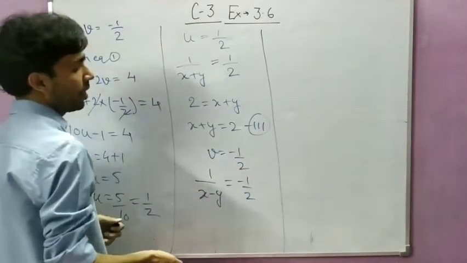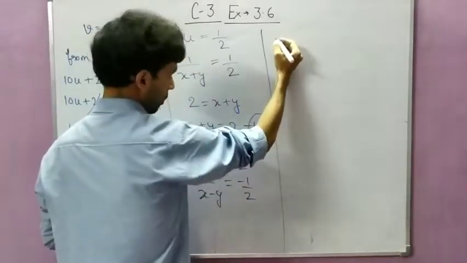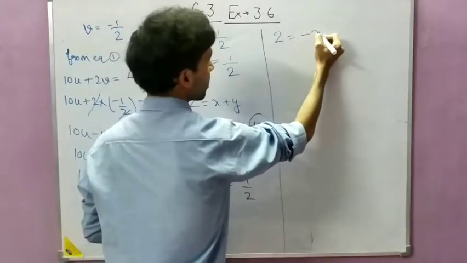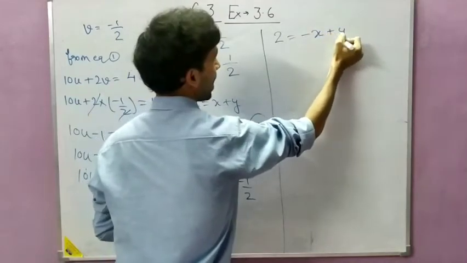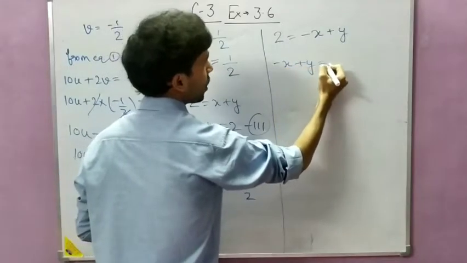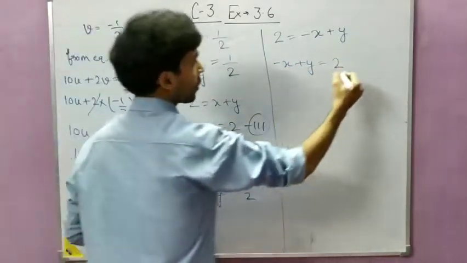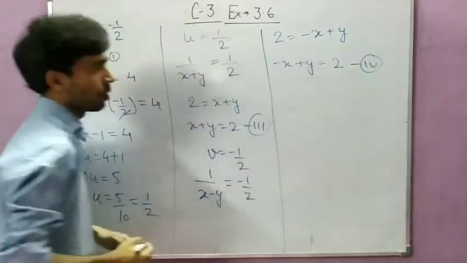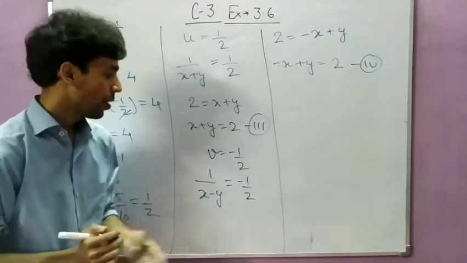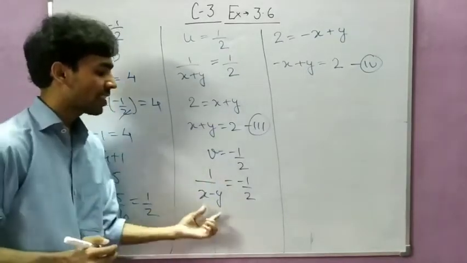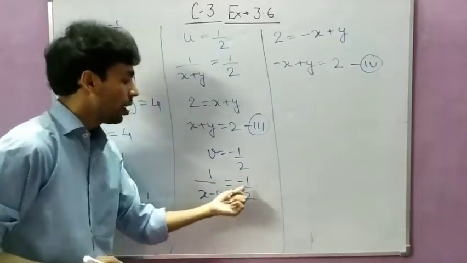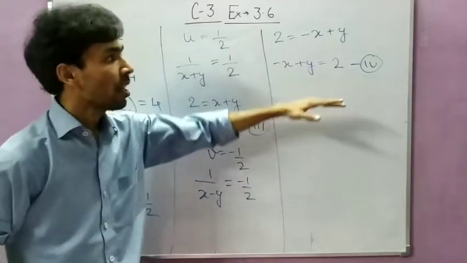When you will cross multiply it, 2 is equal to minus x plus y, or minus x plus y equal to 2. This is our equation number 4. This we have got now. This is clear: when we multiply 2 to this side and x minus y to this side, it will become 2, and when this is multiplied to this side, minus x plus y will come. So this is our equation number 4.